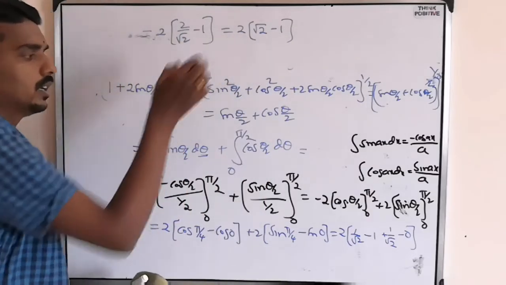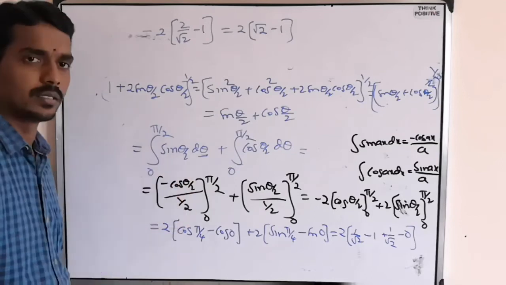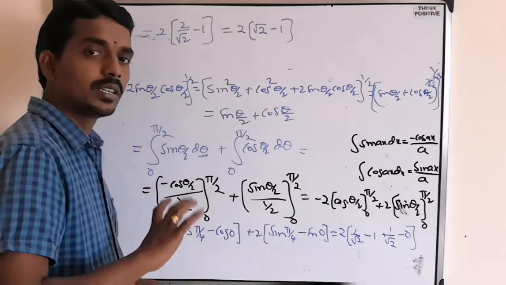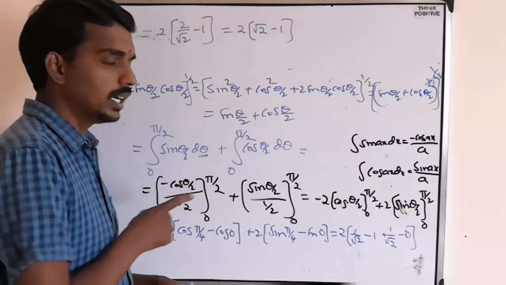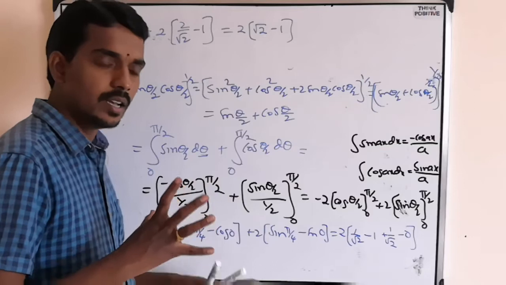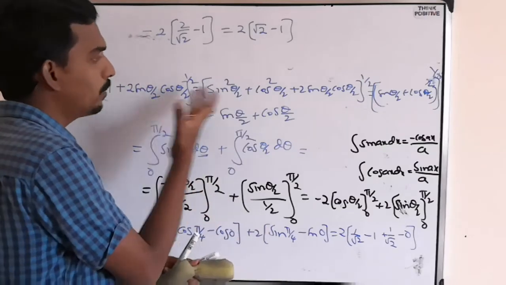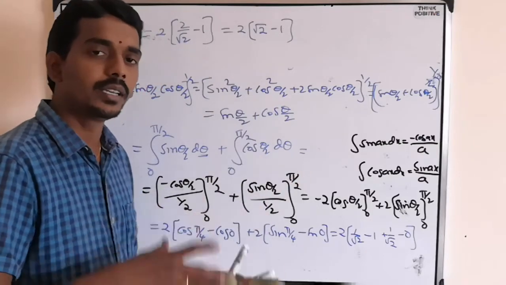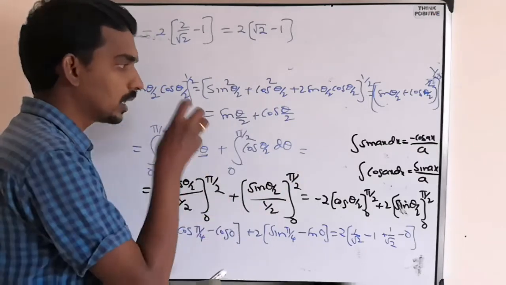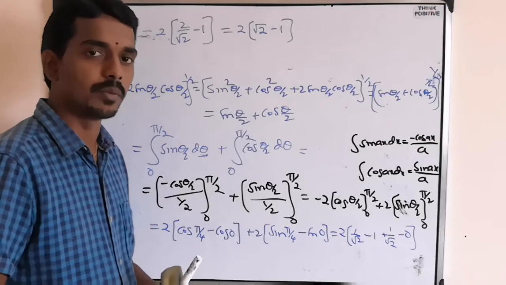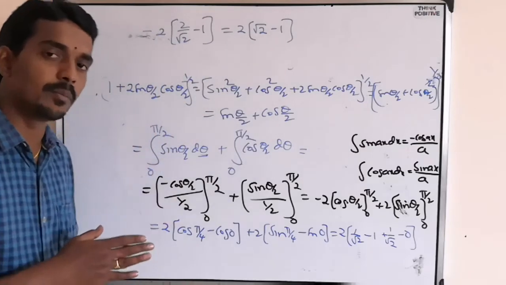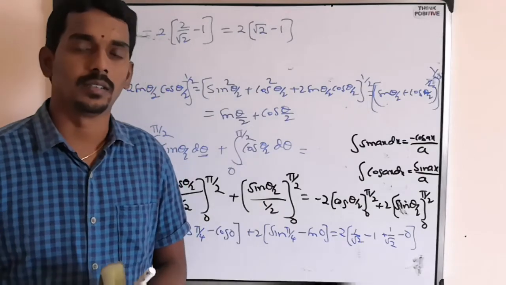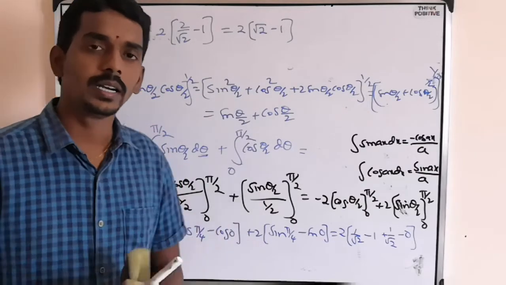So this way you can solve the questions. I am sure that the same question will not come in physics. But the main thing you should understand is the manipulation needed and the way of calculation, everything is needed in physics. So for that purpose I have given this example. Even the previous example and this example, you can learn the method, the technique.